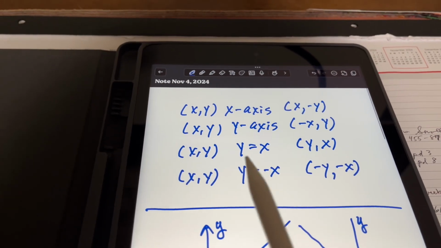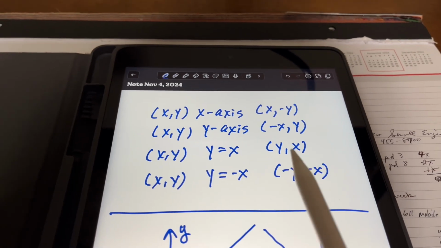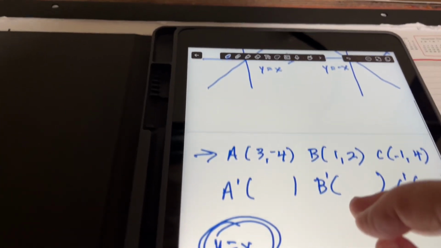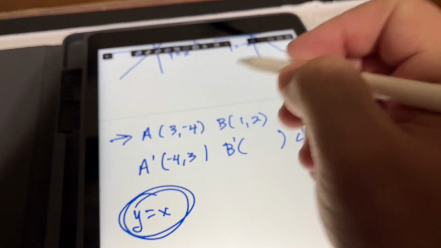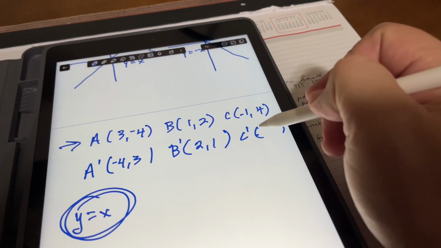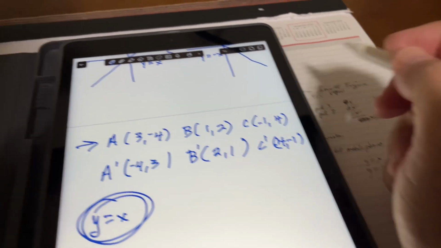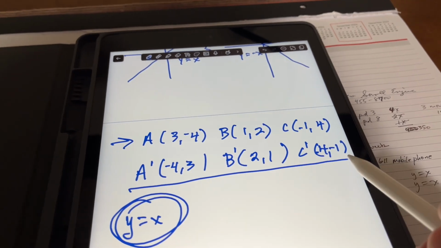If something's reflected over y = x, then instead of (x, y), you have (y, x). So you're just swapping out the x and y values. So this would become (-4, 3), this would become (2, 1), and this would become (4, -1). So it's easy to find A prime, B prime, and C prime.